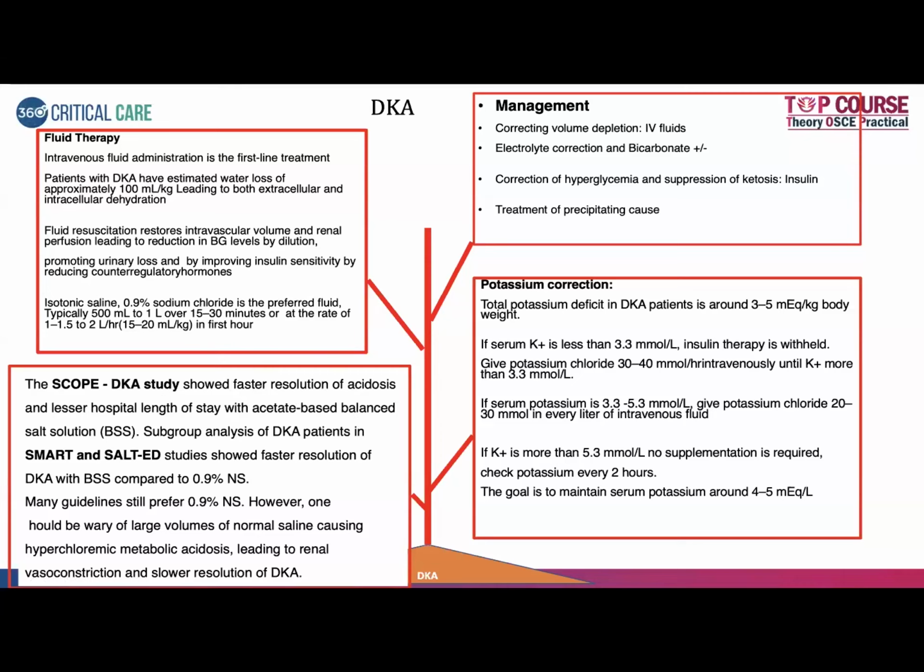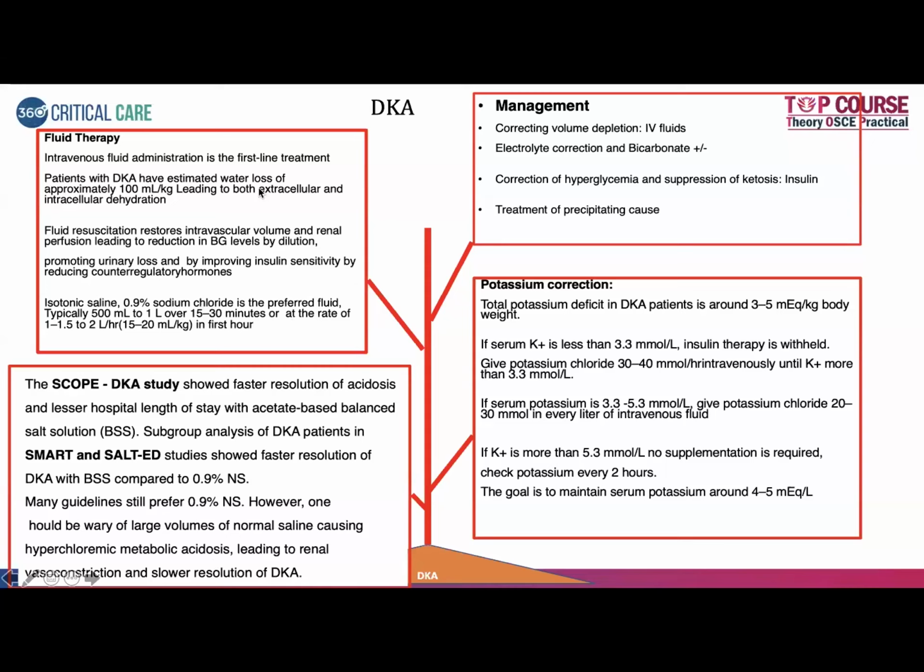So the balanced salt solutions are preferred, as the SMART and SALT ED trials have shown benefit of balanced salt solutions compared to normal saline, because saline can lead to hyperchloremic metabolic acidosis. So how much to give? 15 to 20 ml per kg in the first hour to start with.